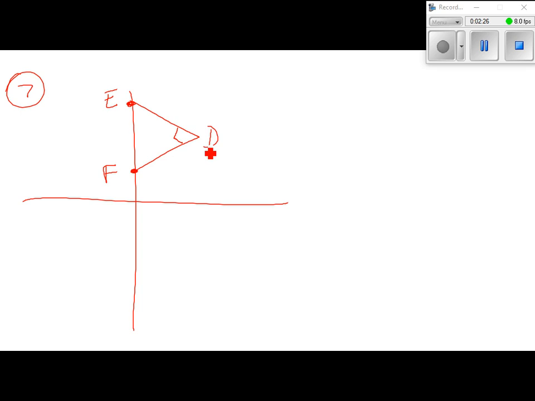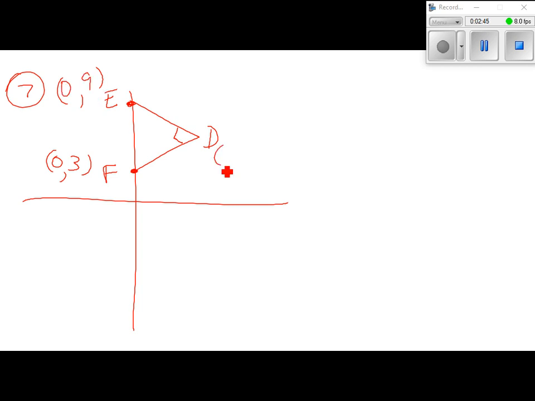Somebody help me out looking at your book. What's the coordinates for point F? 0, 3. Yeah. How about E? 0, 9.